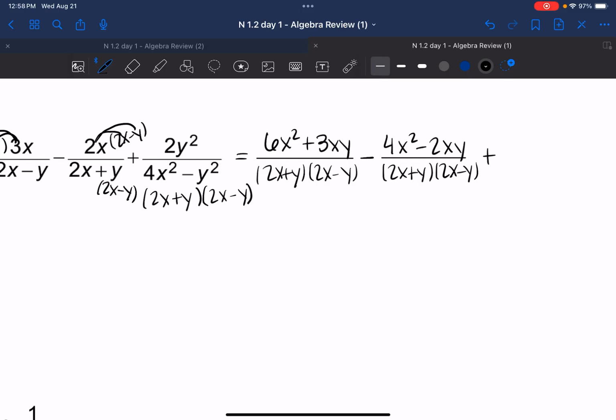Plus, over here, we've got our final fraction that already had the common denominator, so I don't have to make any changes to it.